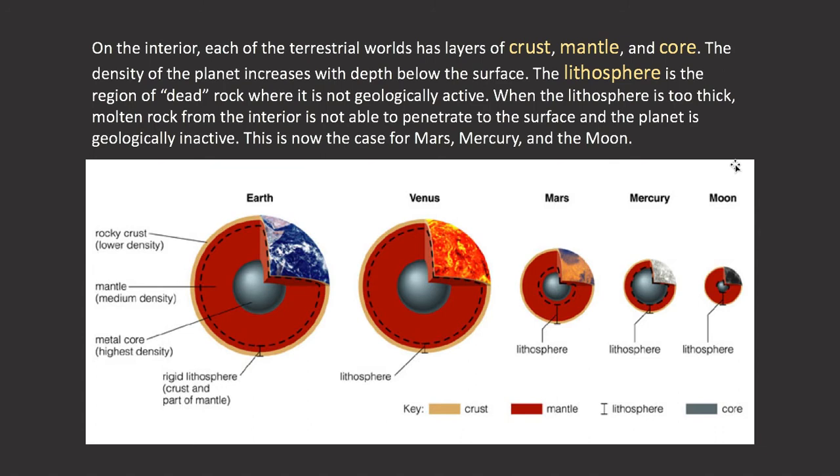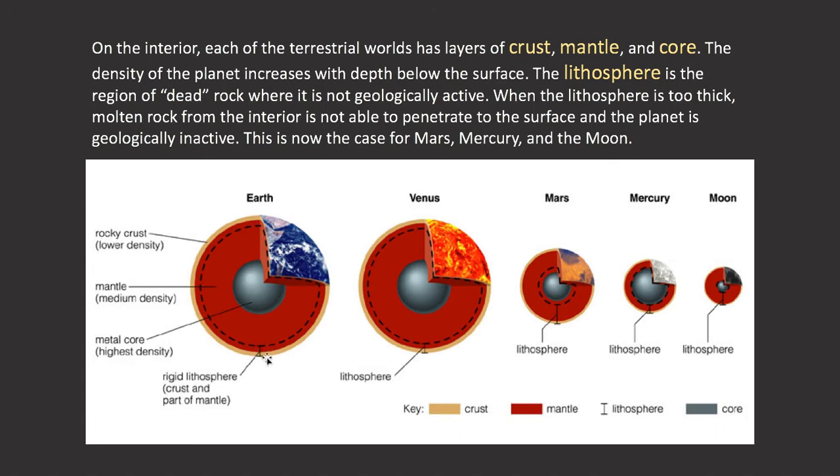But what I'm really interested about here in this image is the activity inside the planet, because that affects what the planet has going on its surface, the activity from the inside. And that has to do with a layer called the lithosphere. And the lithosphere goes from the crust down to some depth within the surface.